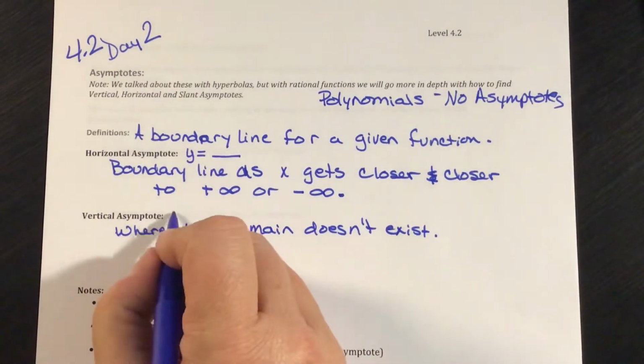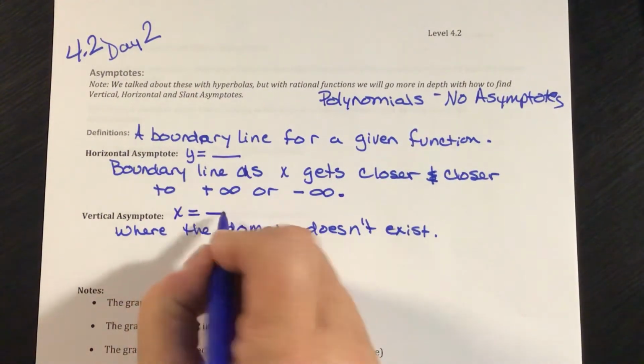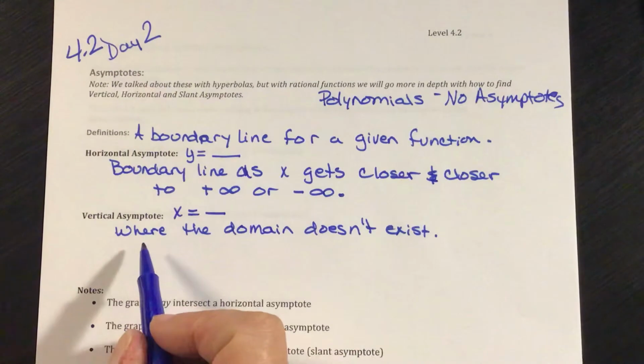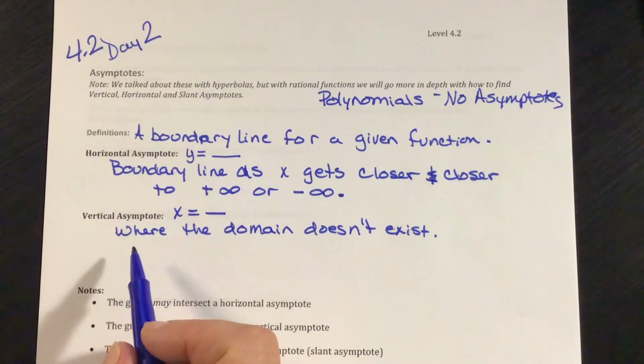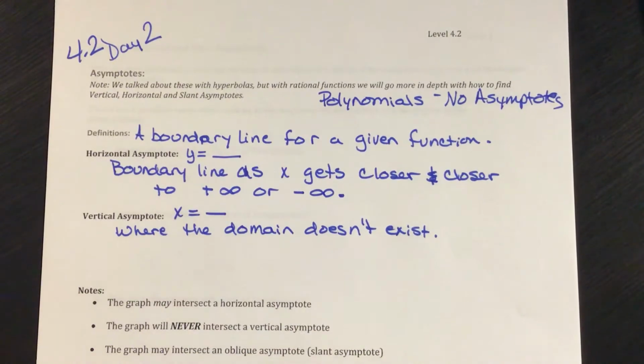A vertical asymptote is where x equals something. So if we're looking for a vertical asymptote, we are looking for where the domain doesn't exist.